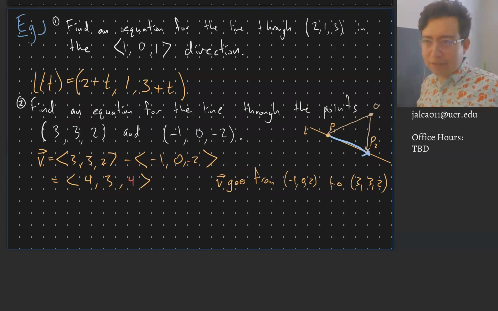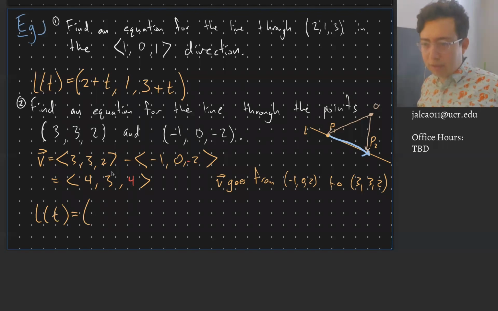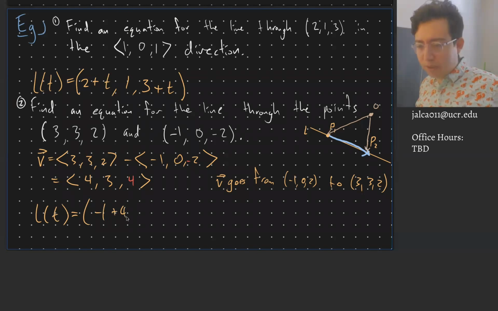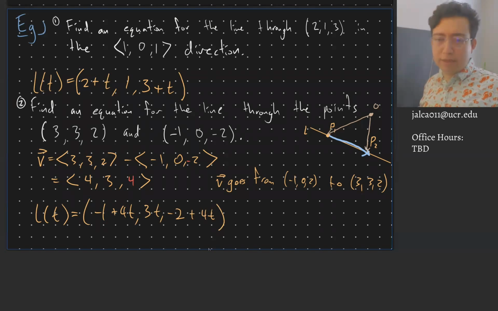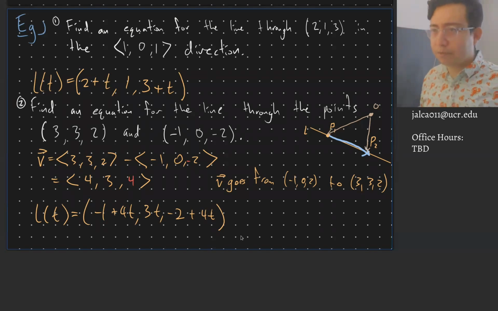So L of t is -1 plus 4t, and then 0 plus 3t, and then -2 plus 4t. And that there is our parametric equation for the line.